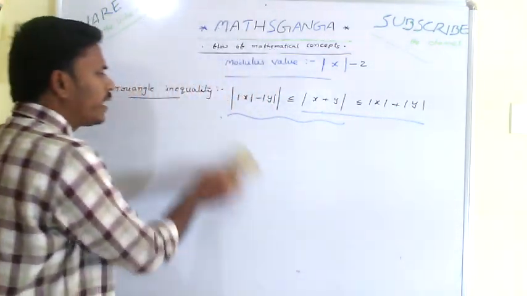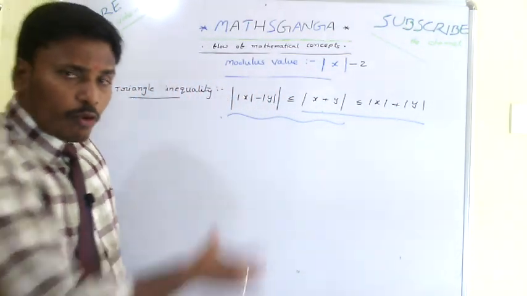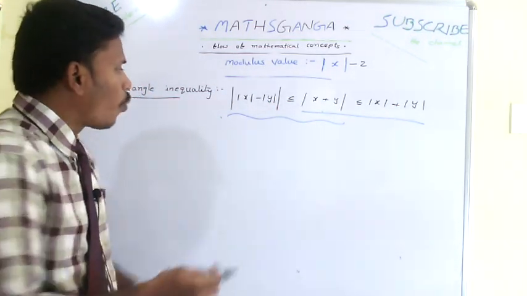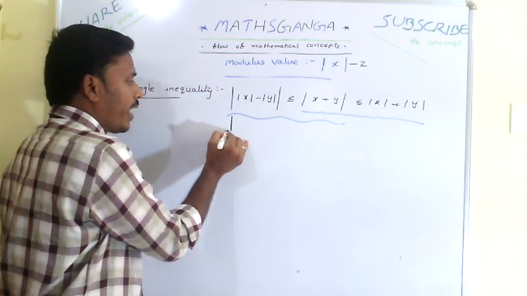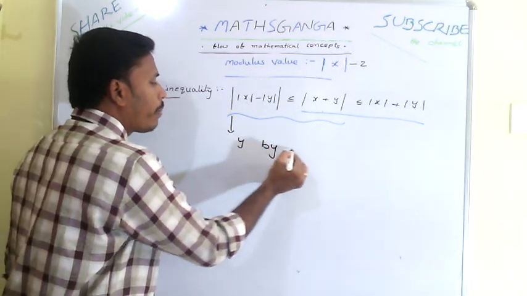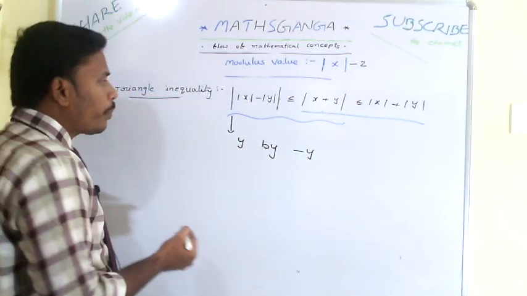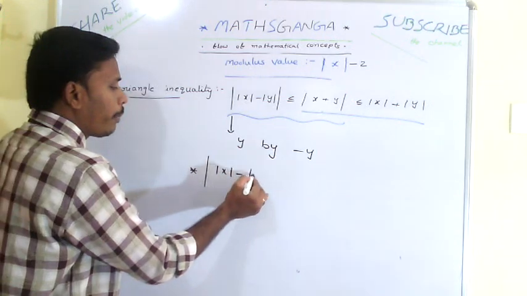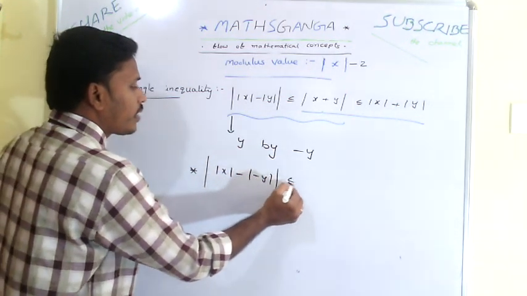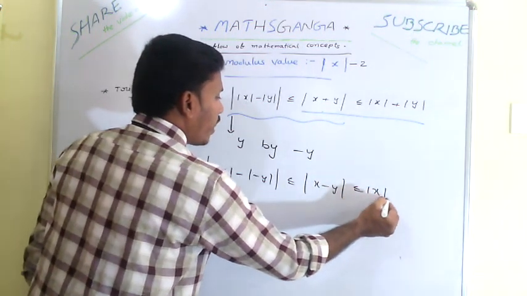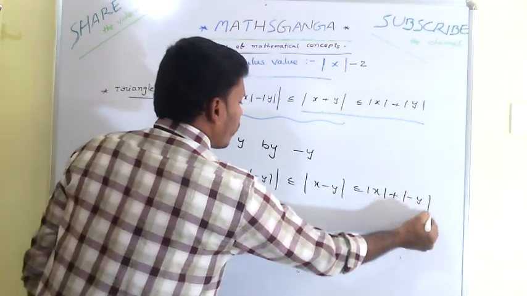And after proving this triangle inequality, we will generate one more thing from it. What it means, if you replace y by minus y, then what happens? Modulus of mod x minus mod minus y is less than or equals to modulus of x minus y is less than or equals to mod x plus modulus of minus y.